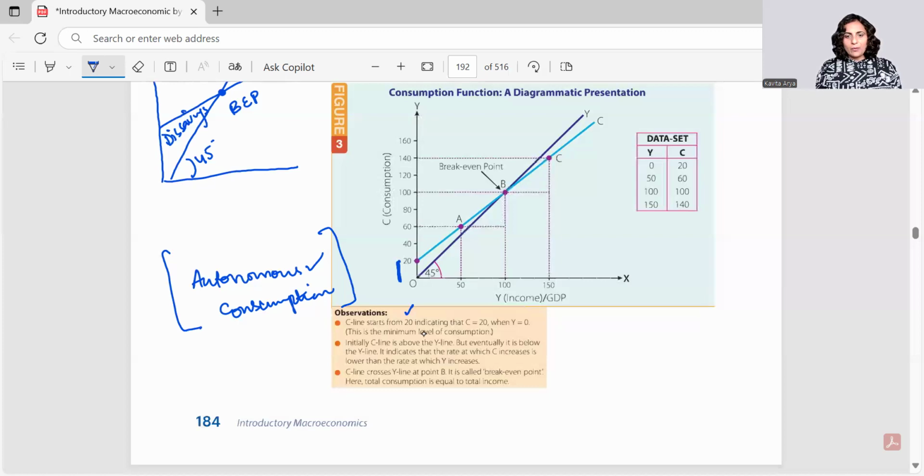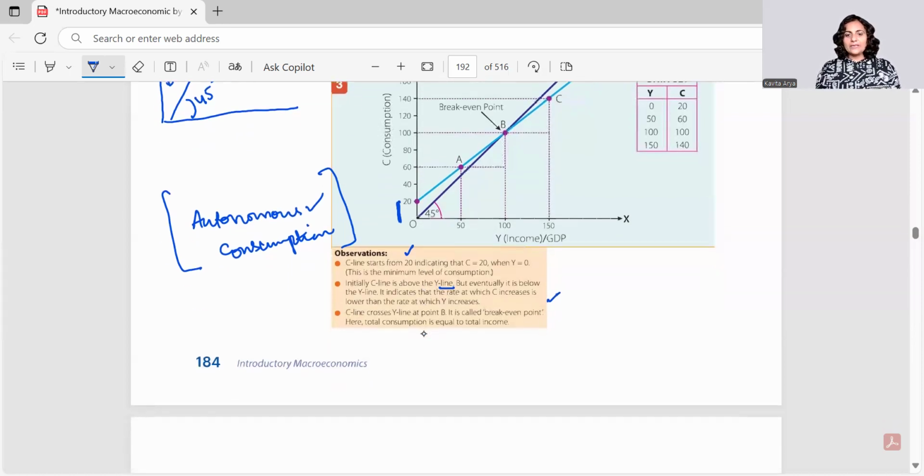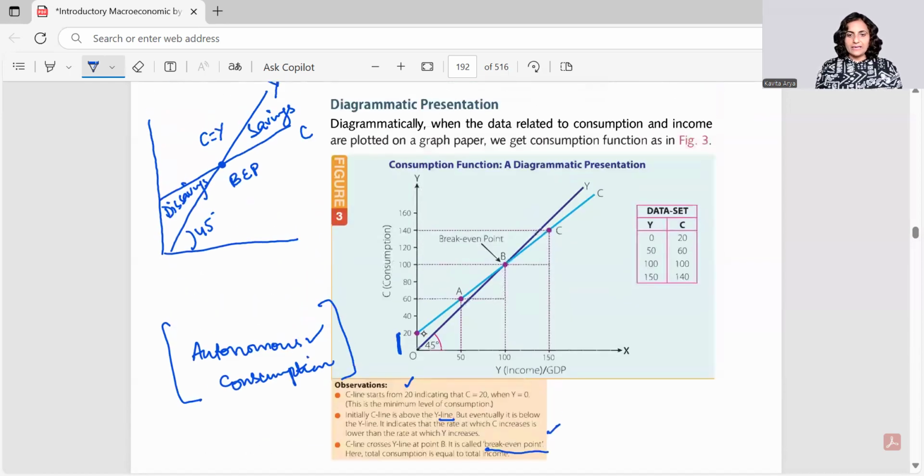Initially, C is above the Y line. Later on it is below the Y line, which indicates the rate at which C increases is lower than the rate at which Y increases. It has been talked about. And this point is called break-even wherever C and Y intersect each other. So this diagram clearly shows the break-even point with respect to C and Y. See, when your income is zero, you are still consuming.